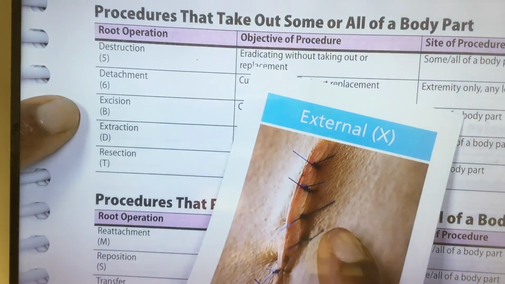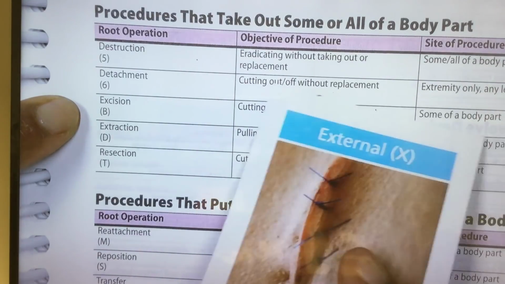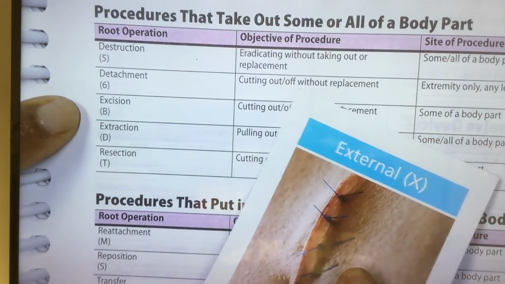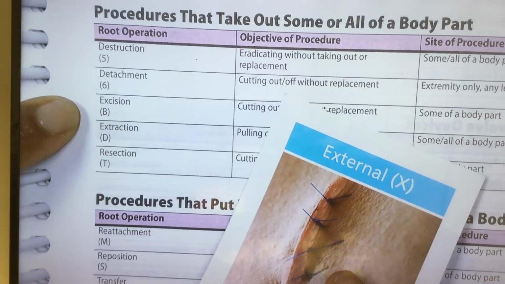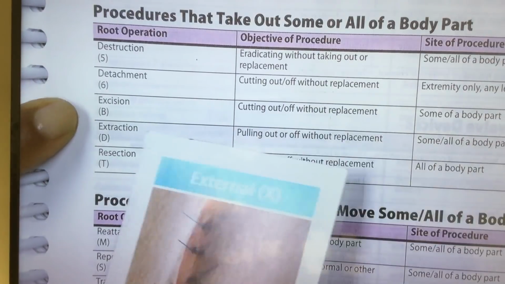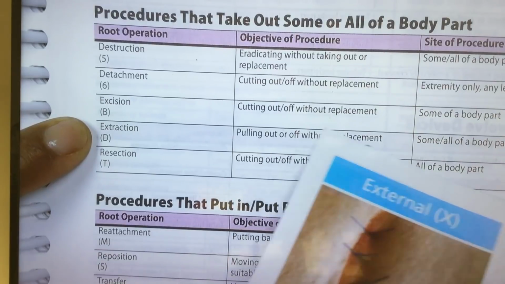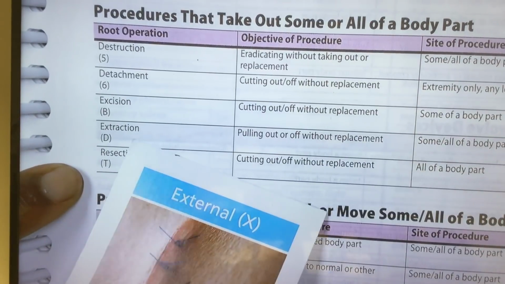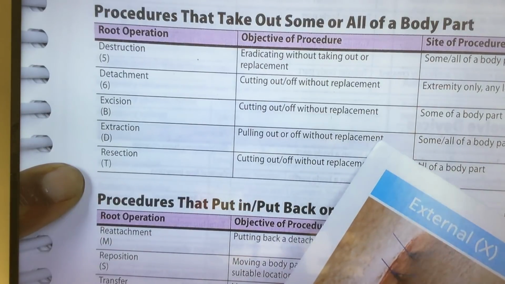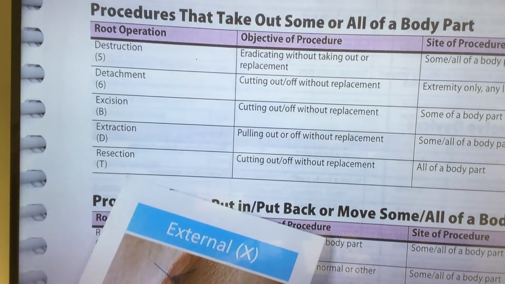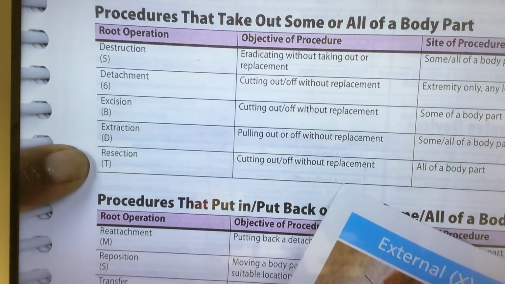destruction, eradicating without taking out or replacement. Detachment, cutting out, off without replacement. Excision, cutting out, off without replacement. Extraction, pulling out or off without replacement. Then we have resection, cutting out or off without replacement.